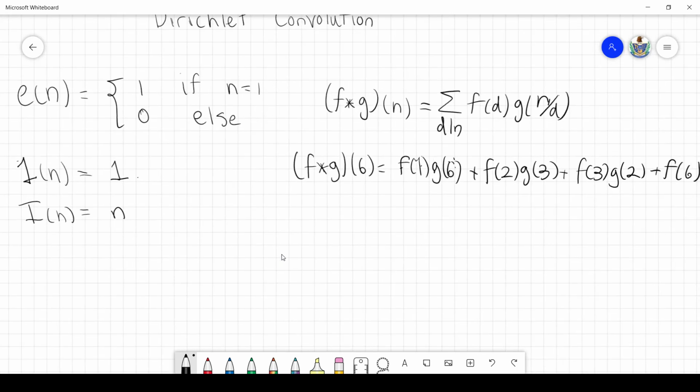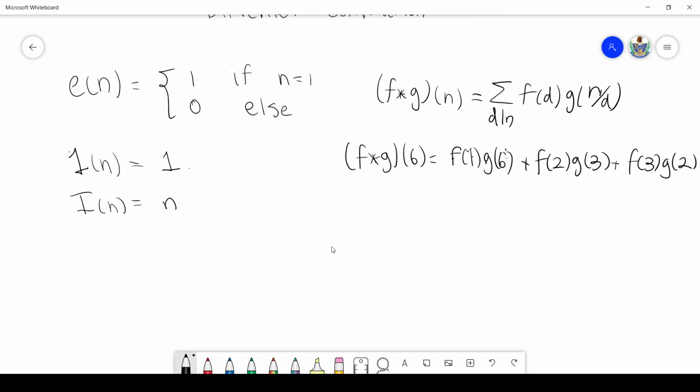It turns out that these three functions here are really helpful for understanding Dirichlet convolution. So for instance, as we explored in the last video, a sum over divisors like this is really just the Dirichlet convolution of f with the 1 function evaluated at n.